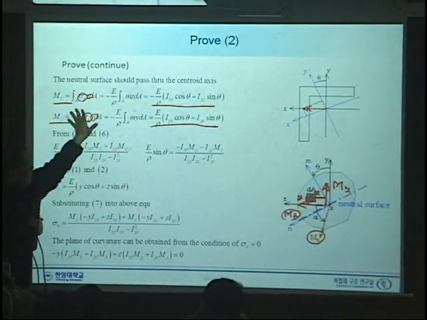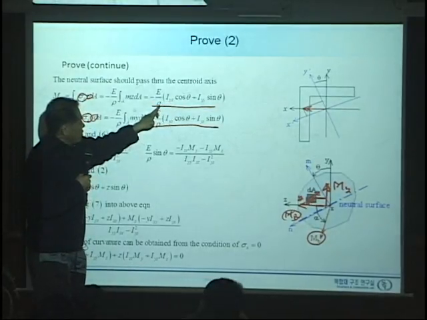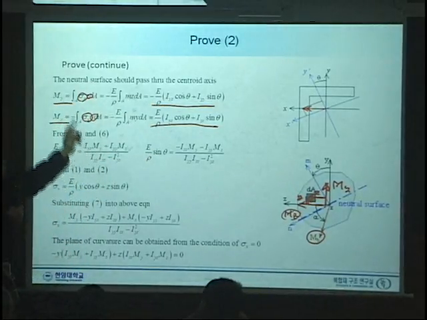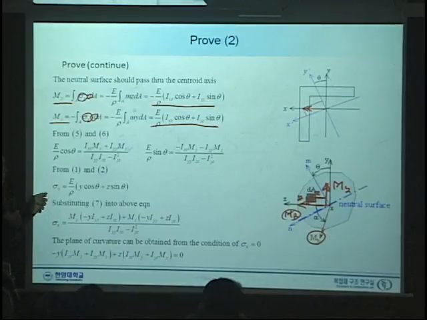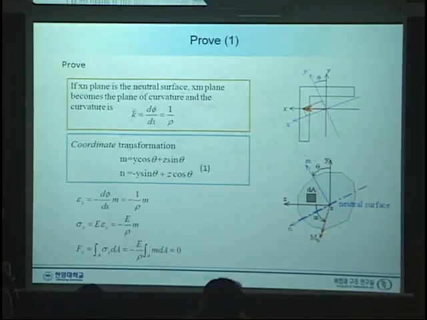So we just invert this matrix, and then cosine theta rho and sine theta rho can be obtained from these two equations in terms of these two moments. Okay? So once we know these equations and put them in here, remember this m is here.